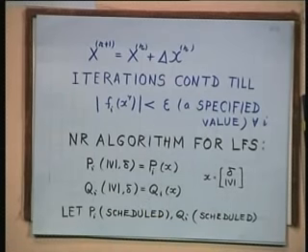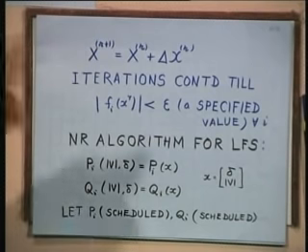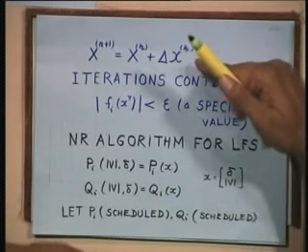Now, how long are you going to continue with iterations? As I have been repeatedly telling you in earlier lectures, for any numerical technique, not only do you have to assume an initial solution, you have to devise a criterion which will help you to stop. You can't go on doing it till eternity, that means Qayamat. So you have to stop it somewhere, and this stopping criterion is given here.